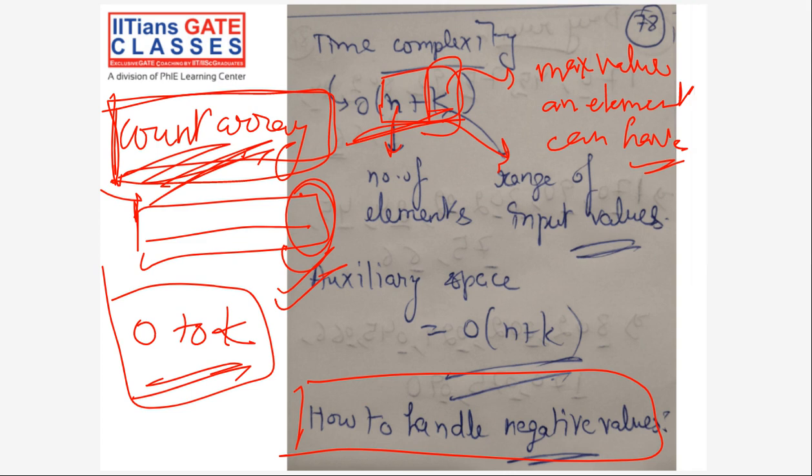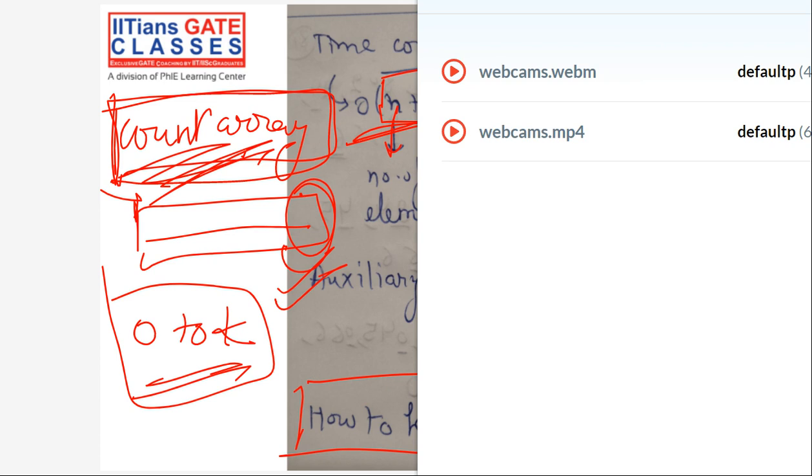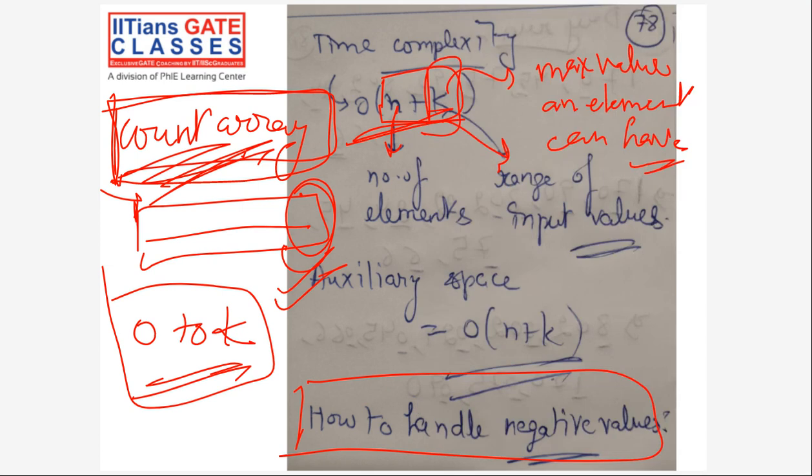So how will I create the count array? The point is I cannot have a negative index. Indexing starts on a system level from 0 only.